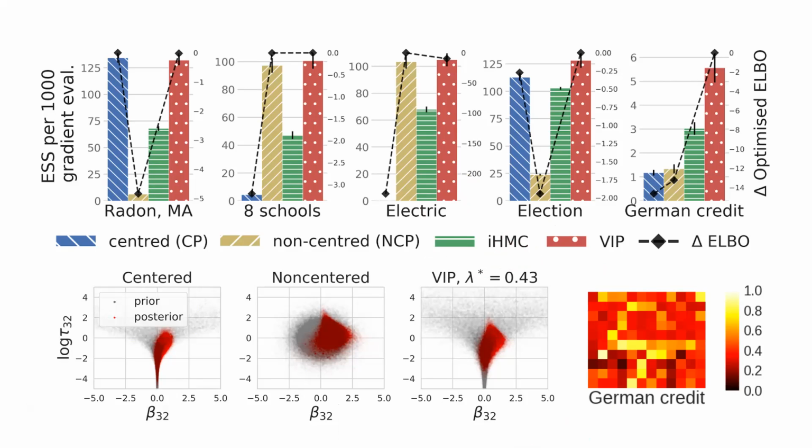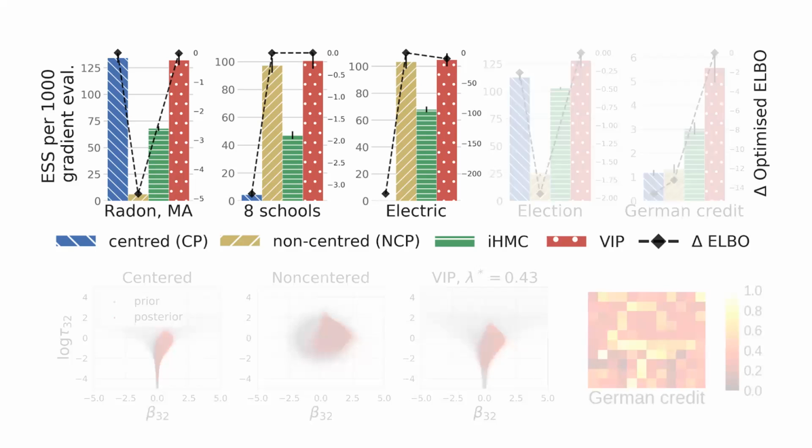And the first thing we see is that VIP plus HMC provides a robust way of doing inference, because for these models, one of the centered and non-centered was really bad. So here you see that the non-centered, for example, does very badly.